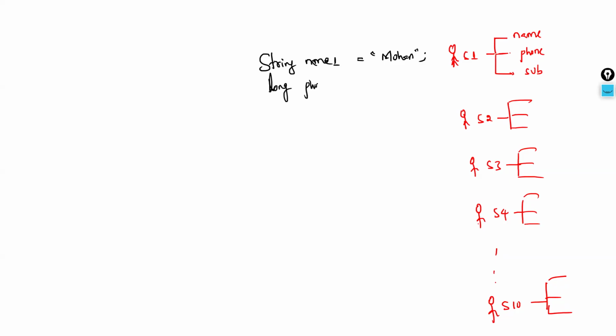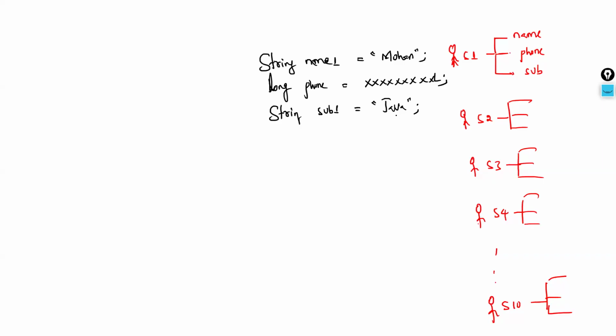Long phone equals some 10-digit number ending with L at the last, then semicolon. How to store the subject? String type. So string sub1 equals, in double quotes, say Java. This is the first student's data. Like this, we will write 10 students' data.